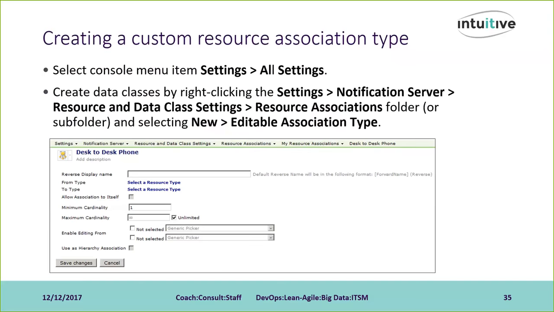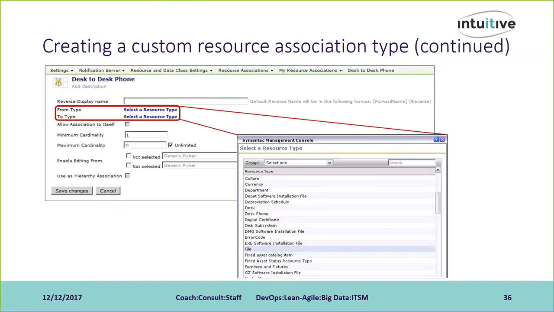Okay, continuing on that same line of the custom association types. We then click on the Select a Resource Type link. We'd select the from or parent resource type, and click on the Select a Resource Type link to select the to or child resource type over here.